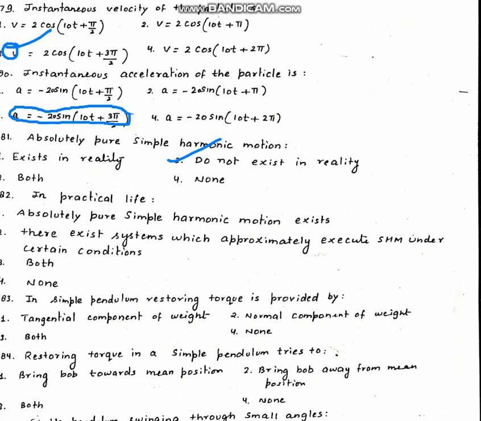So second is correct over here. Next is in practical life, there exist systems which approximately execute SHM. So second is correct over here.